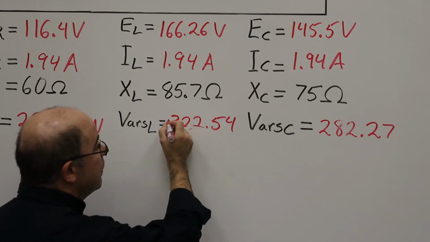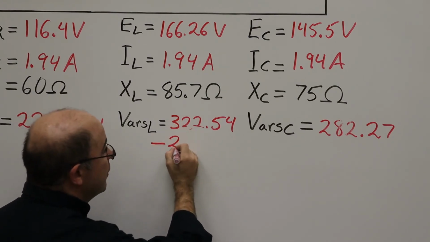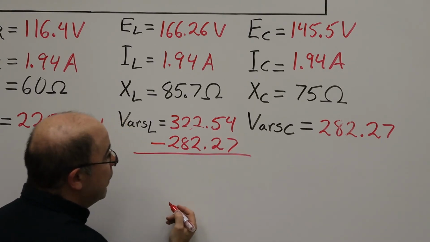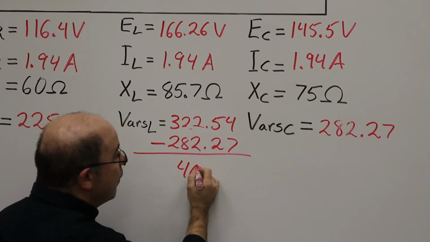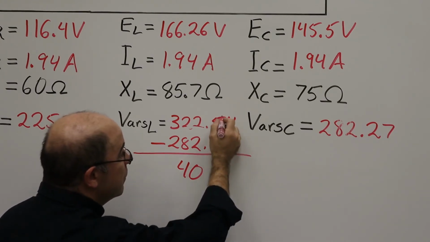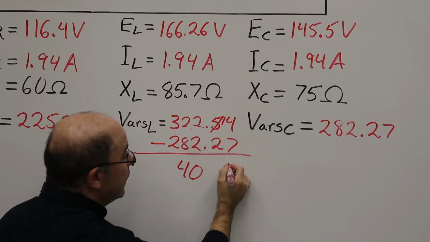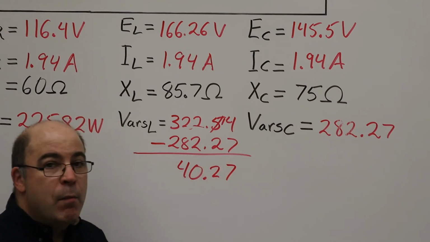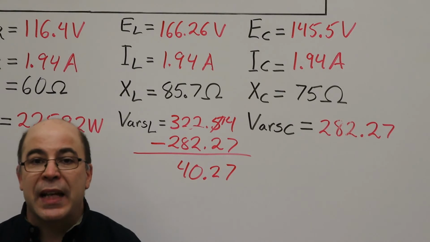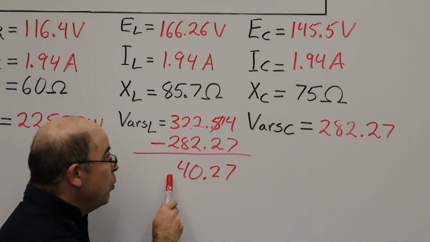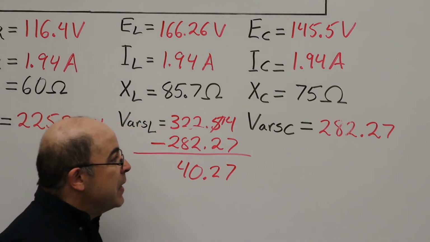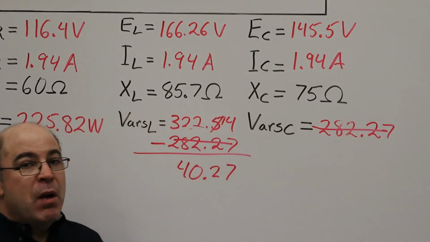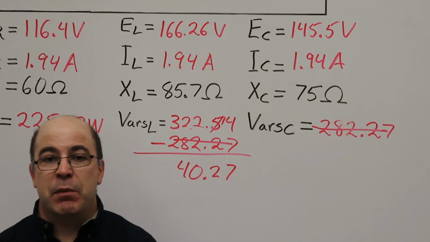So basically, if I subtract 282.27, I'm going to have 40.27 volt amps. But these are going to be volt amps reactive inductive because I've totally canceled the amount of reactive power that the capacitor was generating.